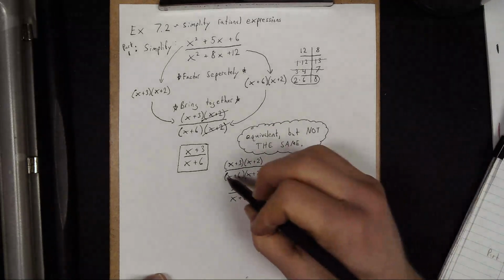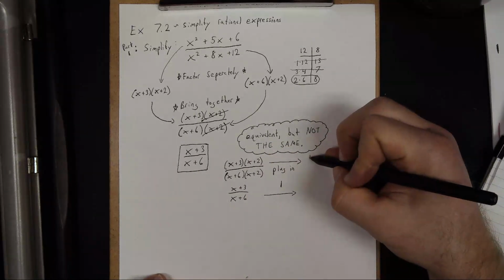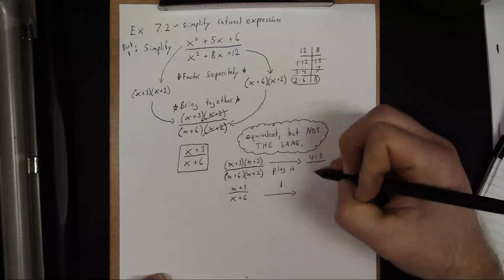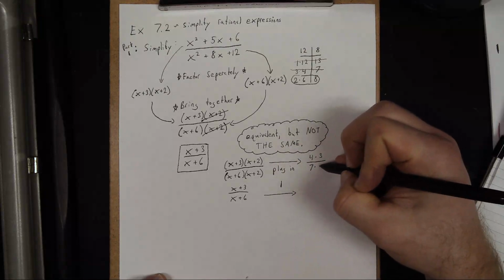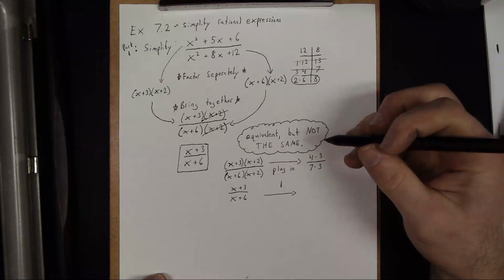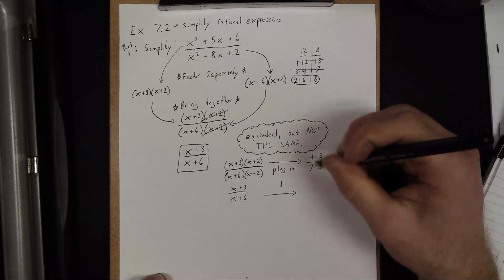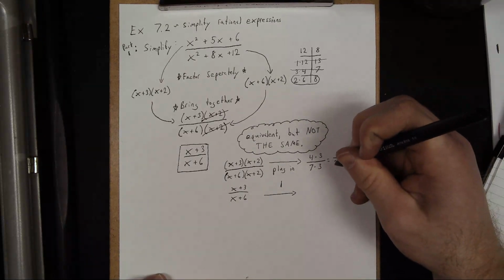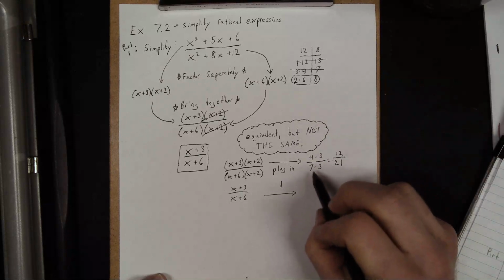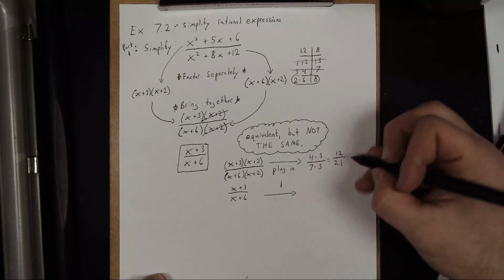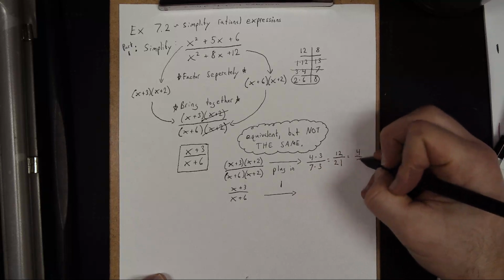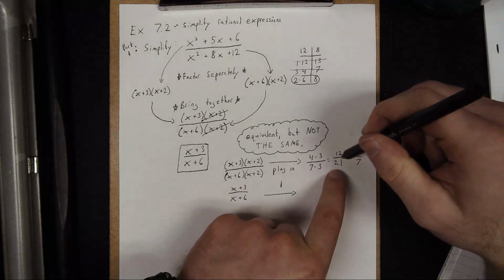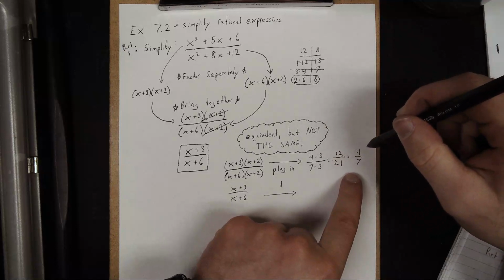All right, so up here we end up getting 4 times 3 over 7 times 3. So this actually equals 12 over 21, which reduces to 4 over 7.